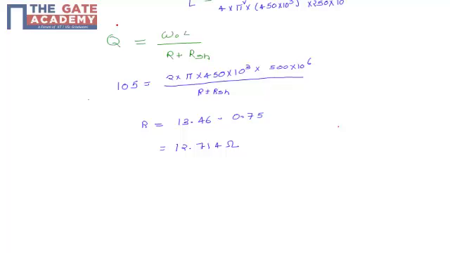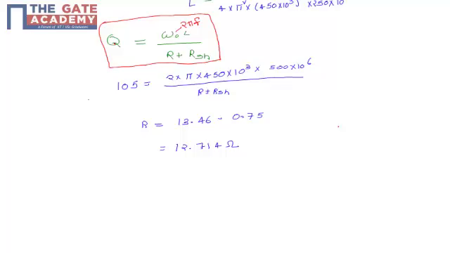The formula for Q is Q equals omega naught L by R plus RSH, where omega naught is 2 pi f, L is the inductance of the coil, R is the resistance of the coil, RSH is the shunt resistance, and Q is the Q meter reading. From this formula we can calculate the resistance.